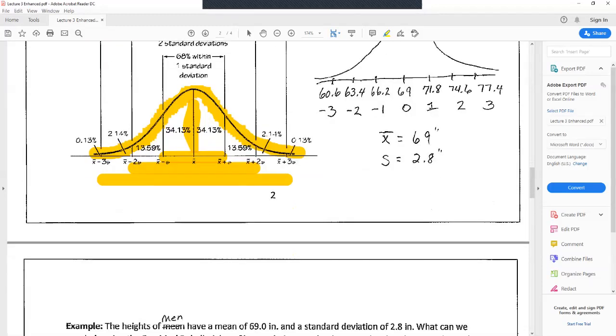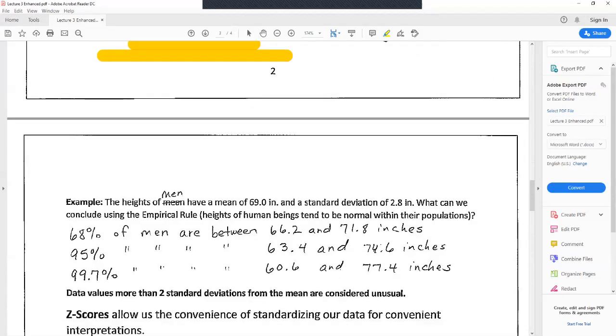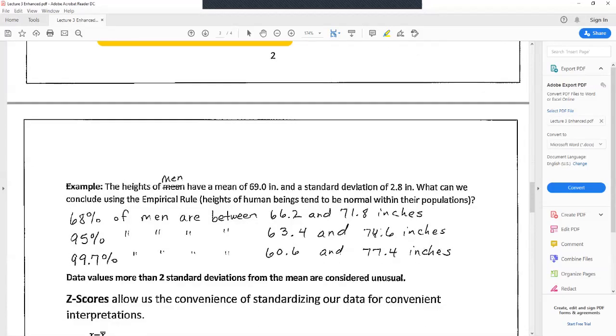So let's look at an example. The heights of men have a mean of 69 inches, which happens to be my height actually, and a standard deviation of 2.8 inches. So let's use the empirical rule, right? The empirical rule is the 68, 95, 99.7 rule. What does that mean?